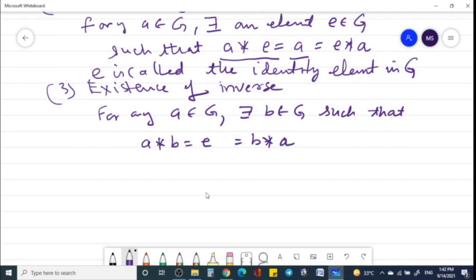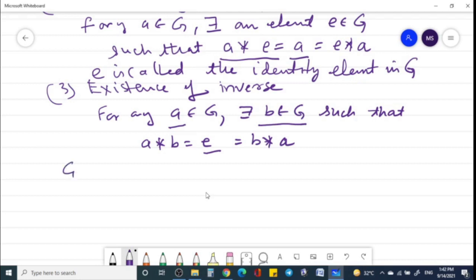So this is a special condition where every element can be operated with some element of G and the resulting element will be the identity element. So this is the third property.